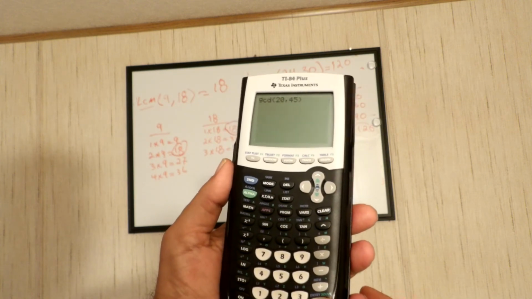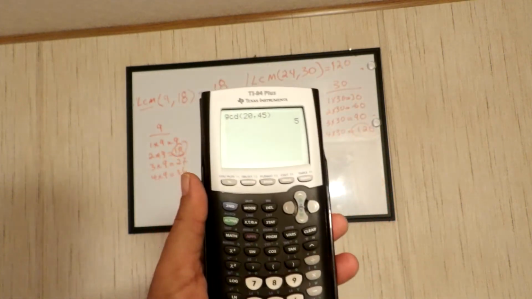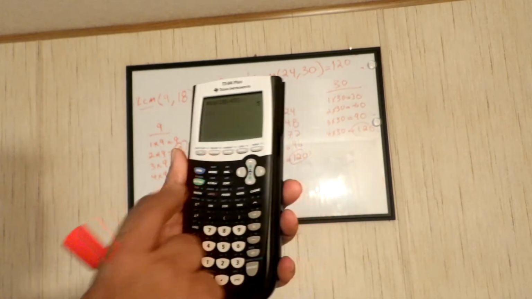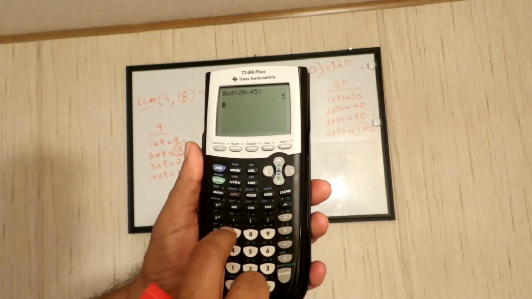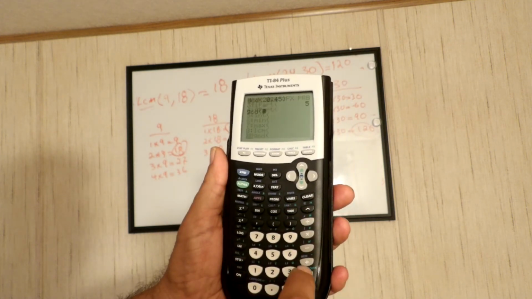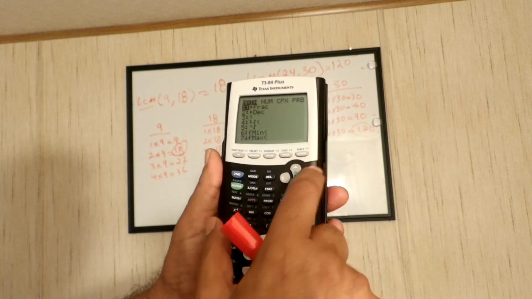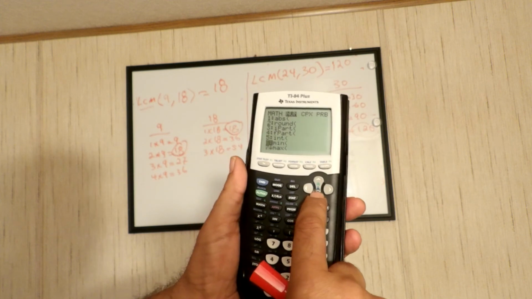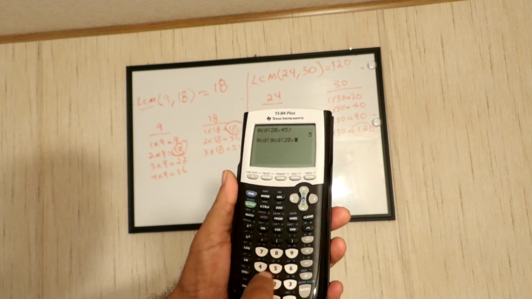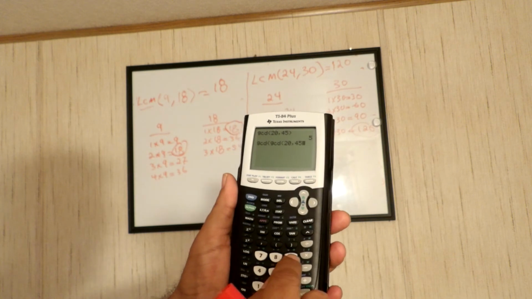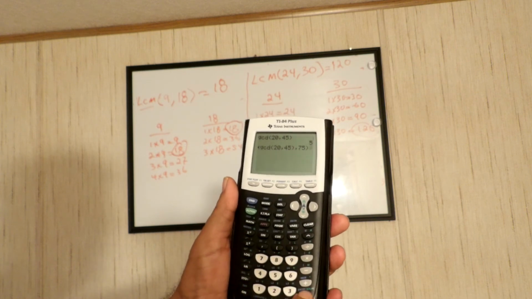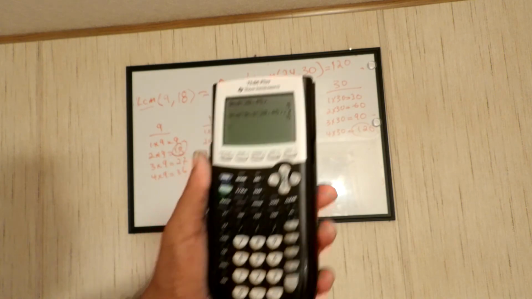You get the GCD of these two numbers. If you want the GCD of three numbers, you use math, num, go to GCD, and then another GCD: math, num, GCD, and then you give those two numbers, 20, 45, close the parentheses, comma, 75, and then close the parentheses. It's going to give you 5.